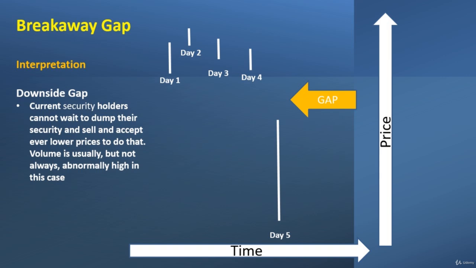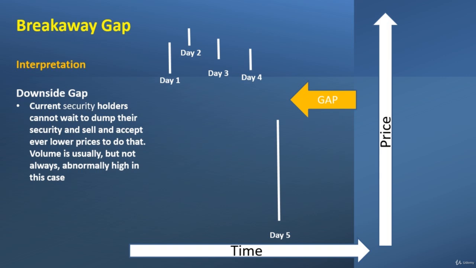The other way of looking at a breakaway gap, of course, is a downside gap. And what that means is that current security holders want to get out of it. They want to dump this security and sell it, and they're even willing to accept even lower prices to do that. They're willing to go even lower than whatever was the low of the range the previous day. They just want out. And volume, again, is usually, but not always, abnormally high in this case as well.